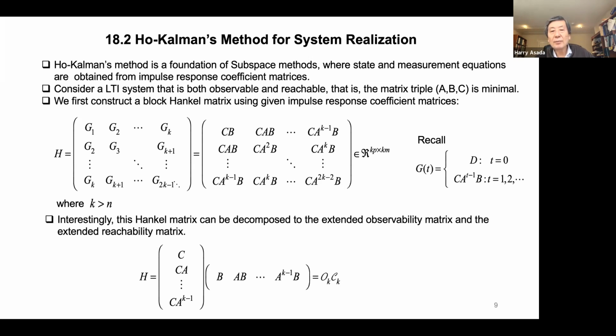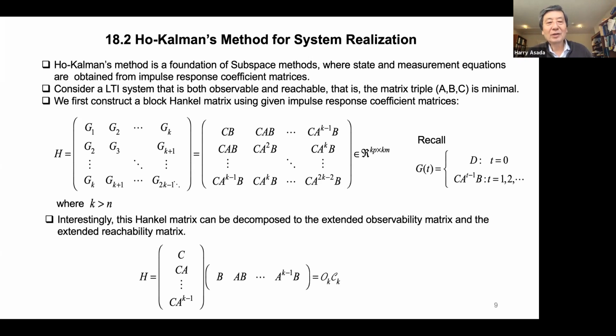So controllable and reachable implies the lowest dimension, and this A, B, C is a minimum realization. We first construct a block Hankel matrix. Now you hear an unfamiliar terminology, Hankel.